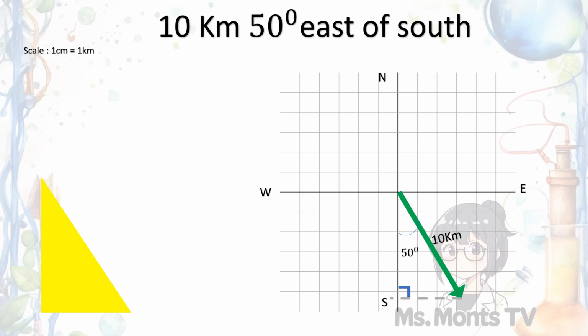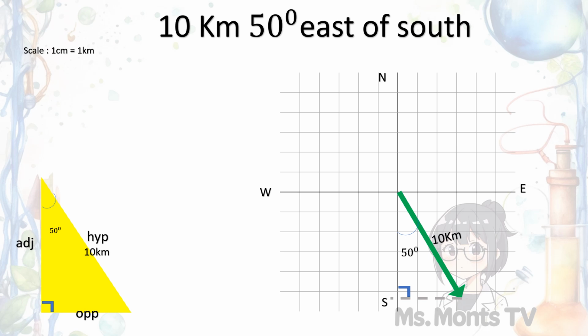Okay? Then we identify the parts. So 10 kilometers. Where is the angle? 50 degrees. And the right angle. So remember, if this is the angle, this side is the opposite. This is the hypotenuse. This is the adjacent.